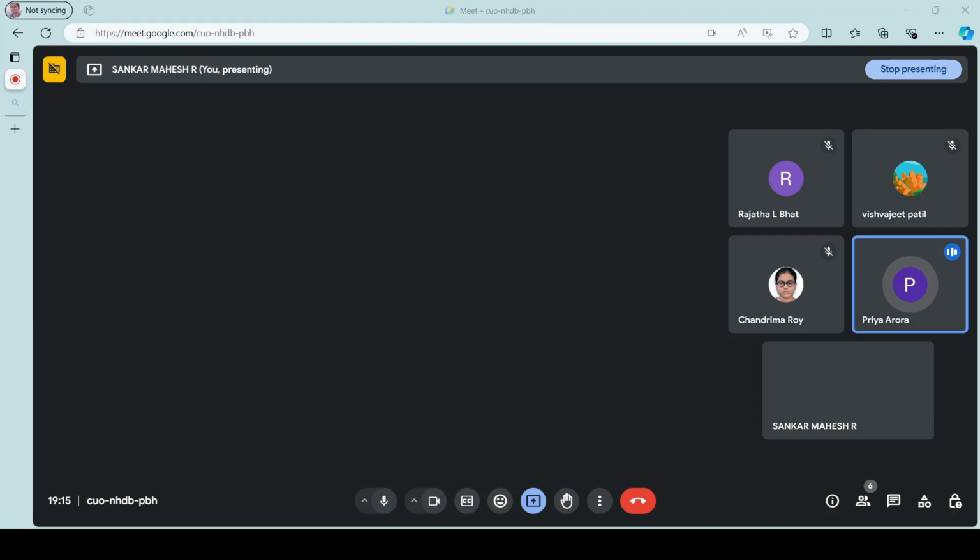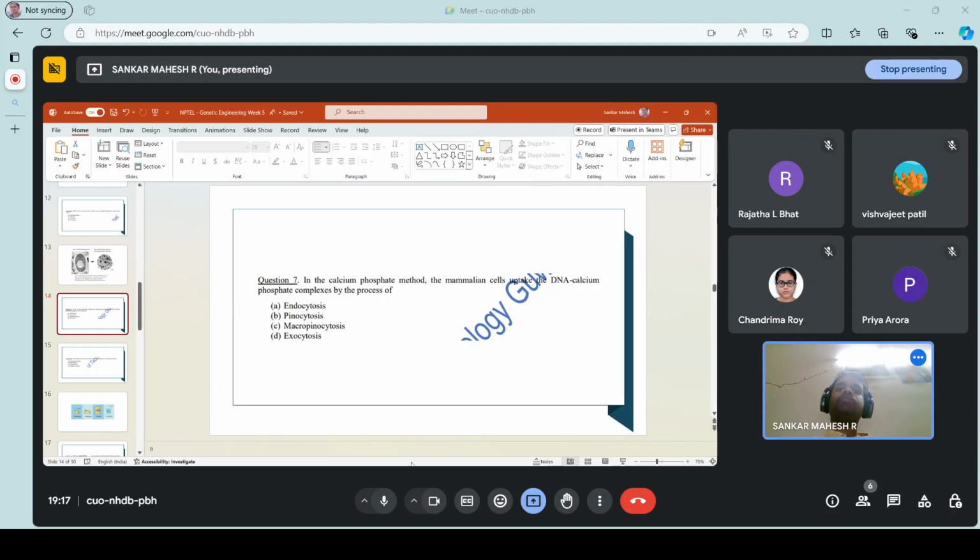So the next question is: in the calcium phosphate method, the mammalian cells take up the DNA-calcium phosphate complexes by the process of, and four options are given: endocytosis, pinocytosis, exocytosis, and macropinocytosis. Does anyone want to explain or try to eliminate the wrong options?